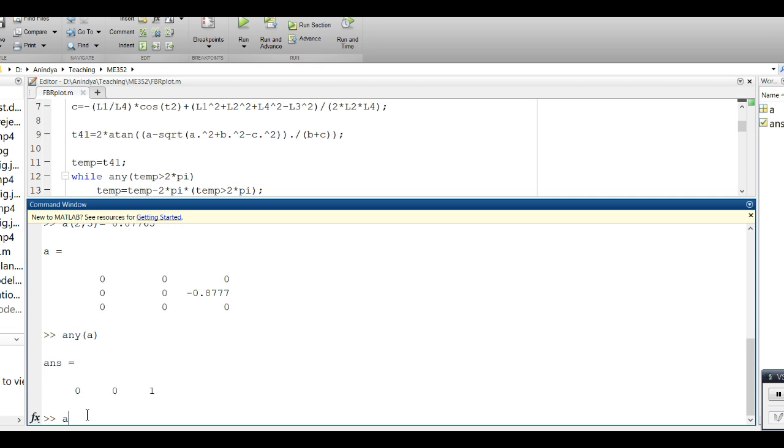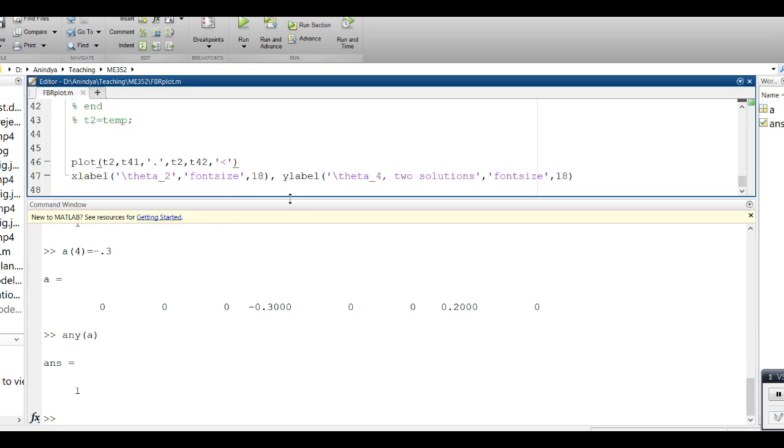So if A is equal to zeros 1, 8, any of A will give me 0. But if I say A of 7 is equal to 0.2, then any of A will give me 1. If I say A of 4 is equal to minus 0.3, so now two elements are not 0, any of A will still give me 1. Okay, so that's what any does. It just sees if anything is not 0.